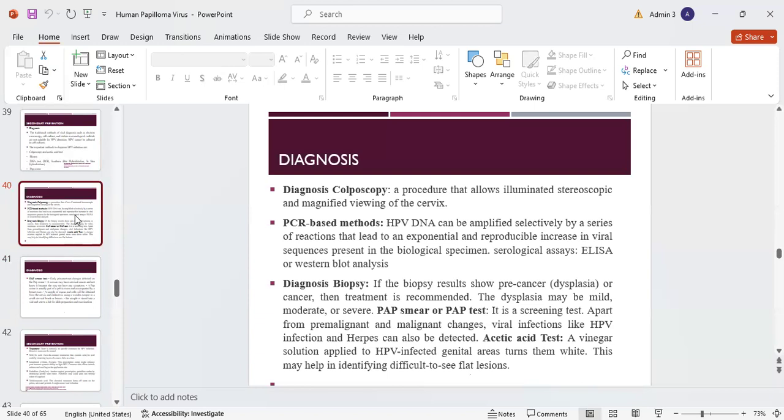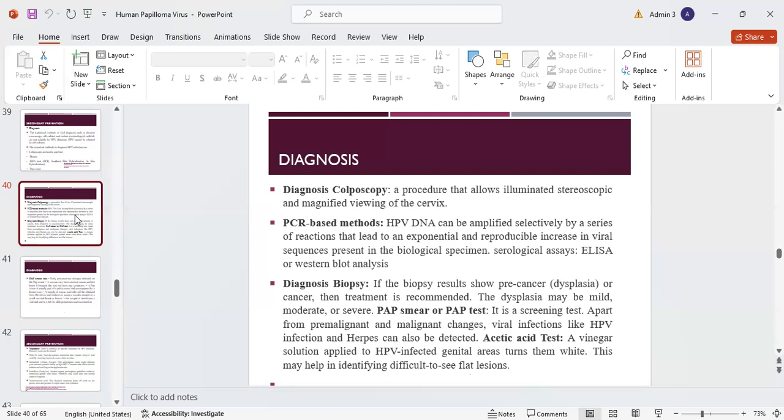And now we know that new tests are coming up, and still PCR is a very sensitive and specific test. And ELISA, yes, it is a good test, but the issue is with the specificity of the test. So that should be mentioned in your slides.